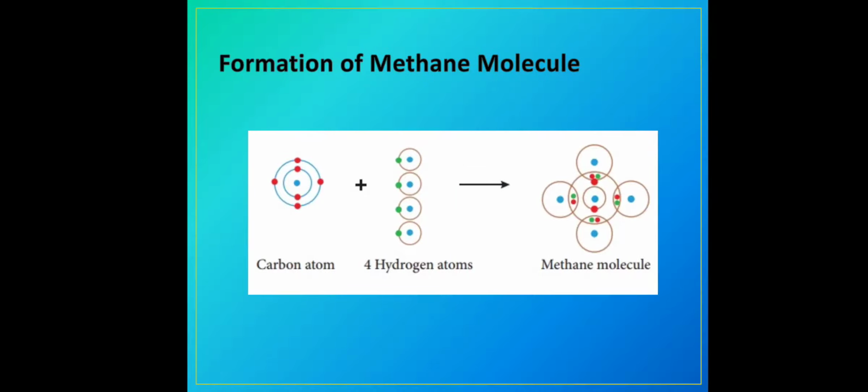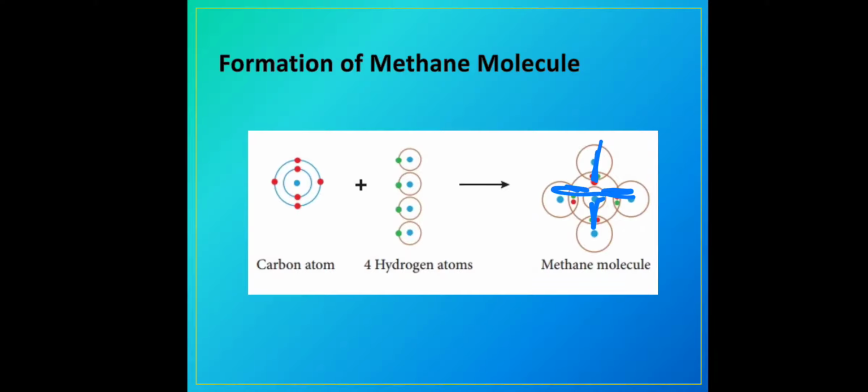Let's see the formation of a methane molecule. Similarly, just like carbon tetrachloride, carbon will share with 4 hydrogen atoms. So carbon is looking to share only one electron from its outer orbit with one hydrogen atom. So there is a bonding between carbon and hydrogen here, between this carbon and hydrogen, and the third one and the fourth one.